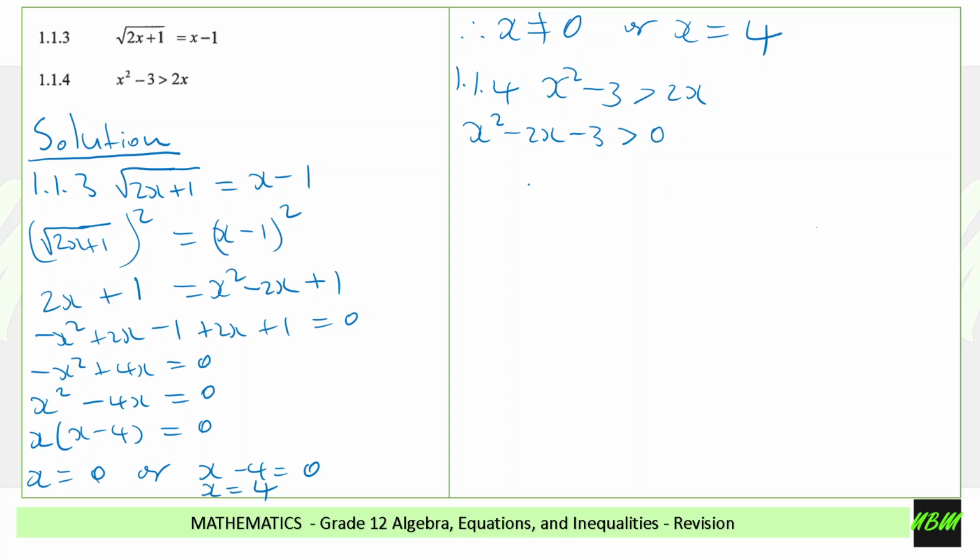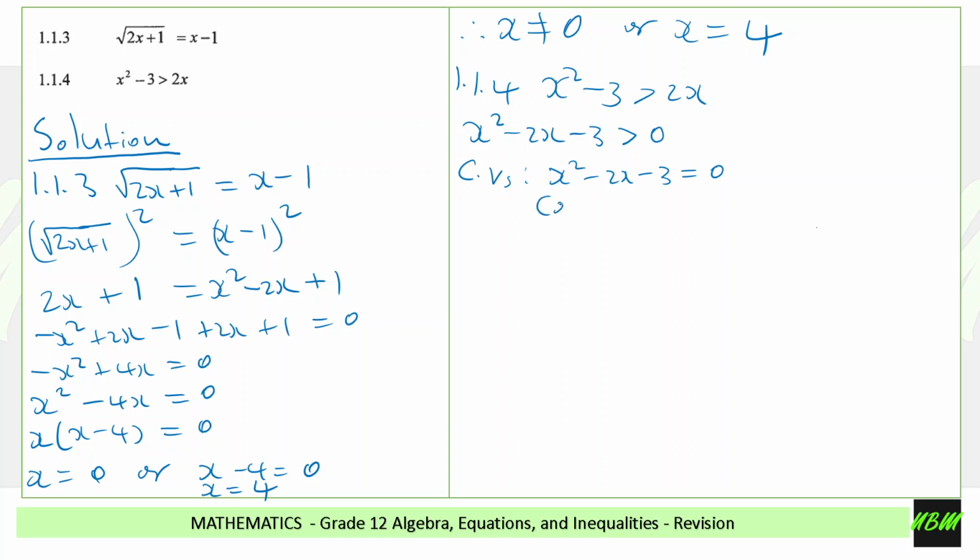Now we need to determine the critical values. To find the critical values, we change the inequality to equality and solve for x, so that we can get the x-intercepts, as we are going to make use of the graphical notation. So x squared minus 2x minus 3 equals 0, and now we solve for x.